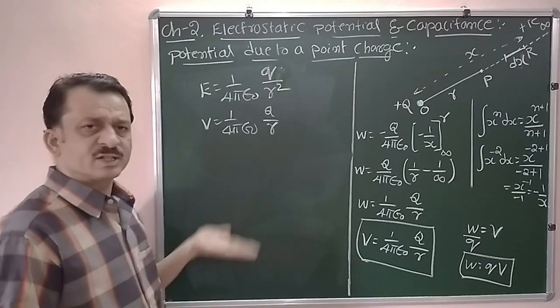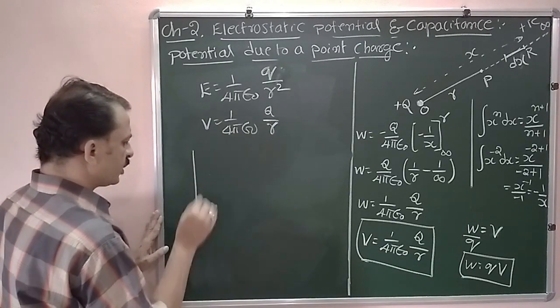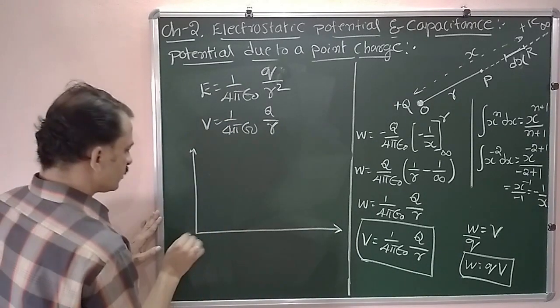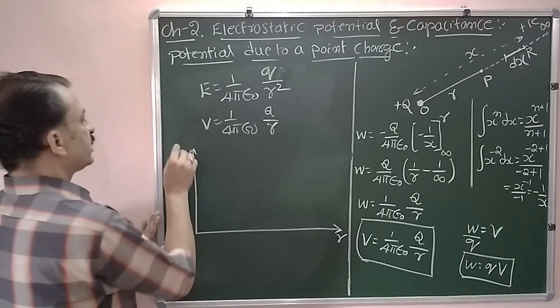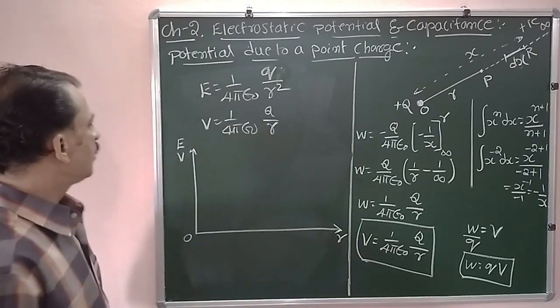Now let me represent these two graphically: the variation of electric field and potential with respect to the distance of the point. Along the x-axis we are taking the distance r. Along the y-axis we are taking the two quantities, one is the field and another is the potential.